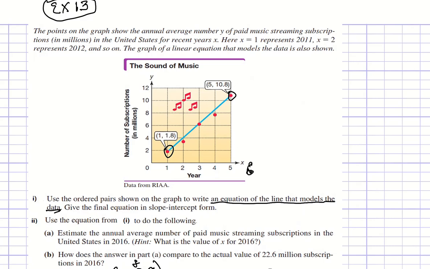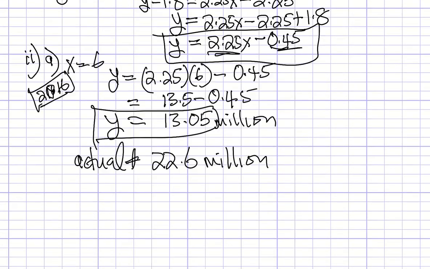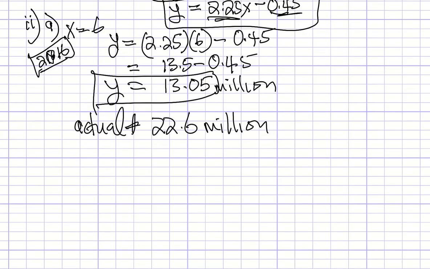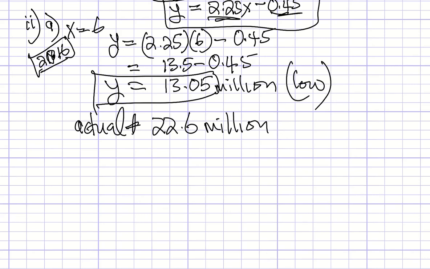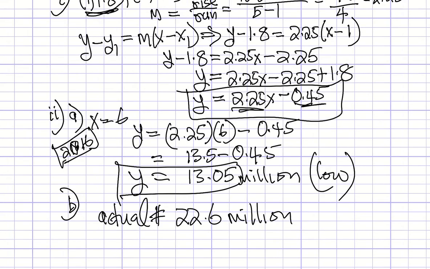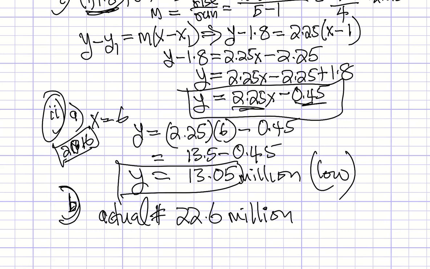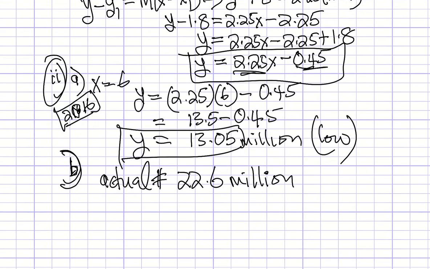What we got is actually very low, almost half of the actual value. So we'll leave it like that. Notice that's actually part B of this one. The number is low, but what can we do?